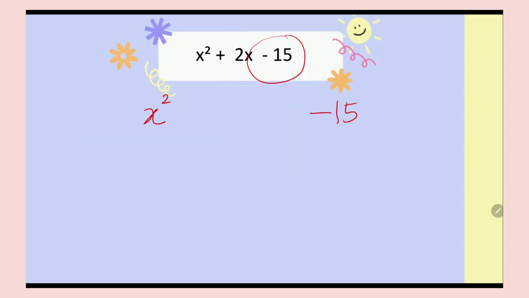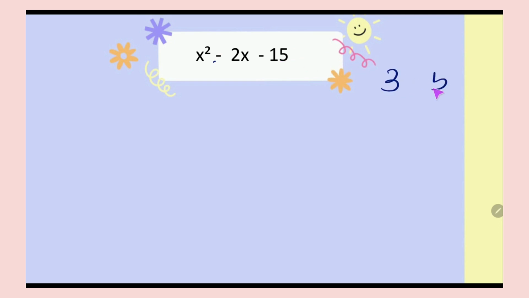So the next example is a slight difference. See, everything is similar except for this minus. In the last example, everything was similar except for this minus. We found out that 3 and 5 will be the factors that are needed for this sum, but you can see that it is a negative middle term.